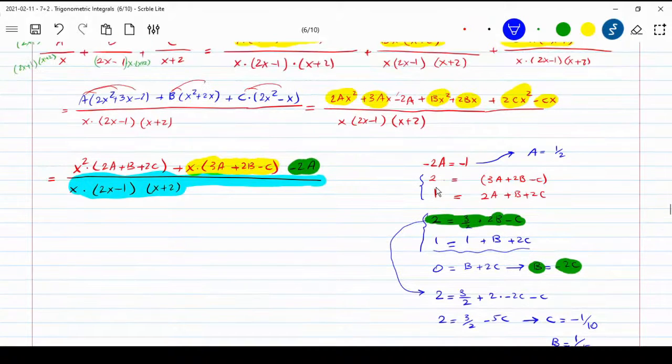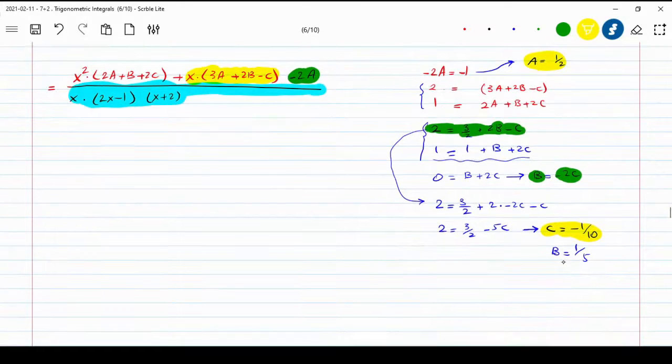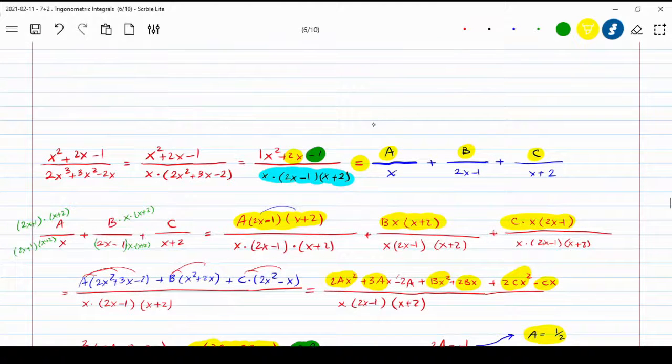So what does all this mean? Let me highlight this. I found what a is, I found what c is, as well as what b is. So it means in this fraction that we started with originally, I know what a is. A was 1/2. I know what b is. B is 1/5. And c, we figured out, was negative 1/10.